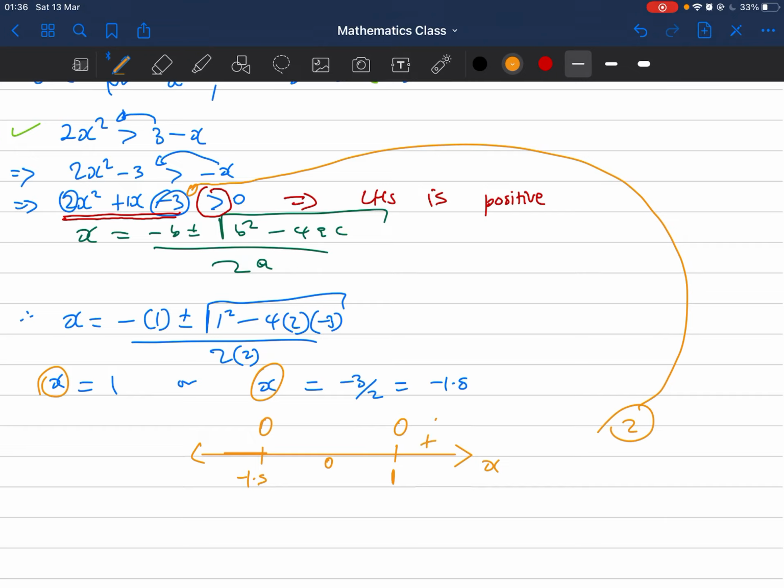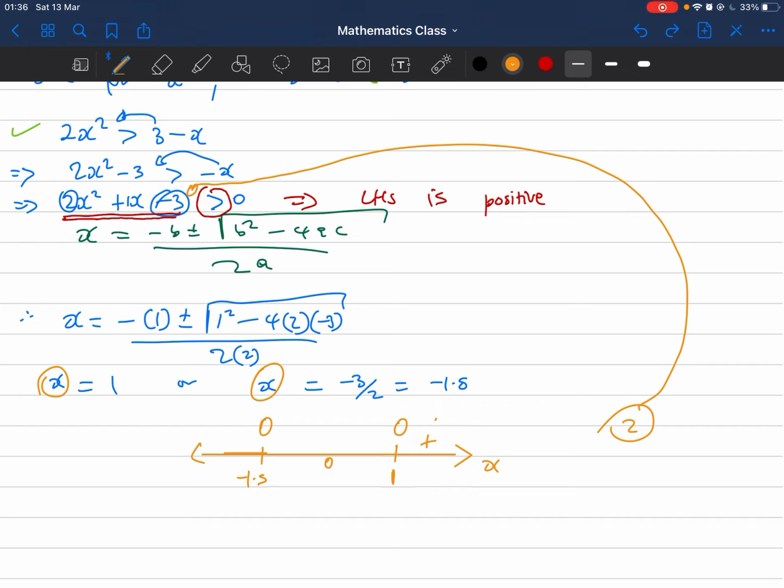Now take any number between negative 1.5 and 1. You can take negative 1, 0, 0.5, 0.22223, whatever.